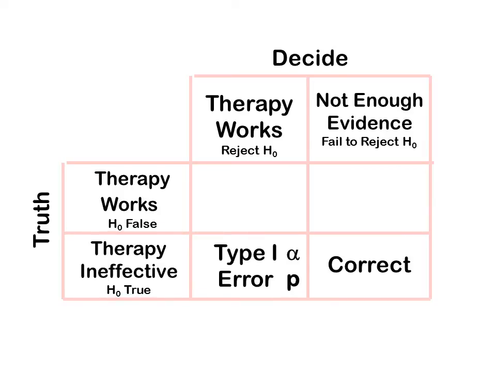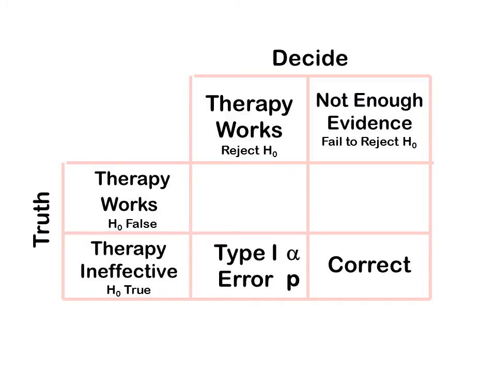On the other hand, if our decision is to reject H0 and we conclude that the therapy works, when in fact the therapy is ineffective, then we've made a type 1 error. Again, this is review. The part that I'm adding is that the probability of a type 1 error is really of two types.